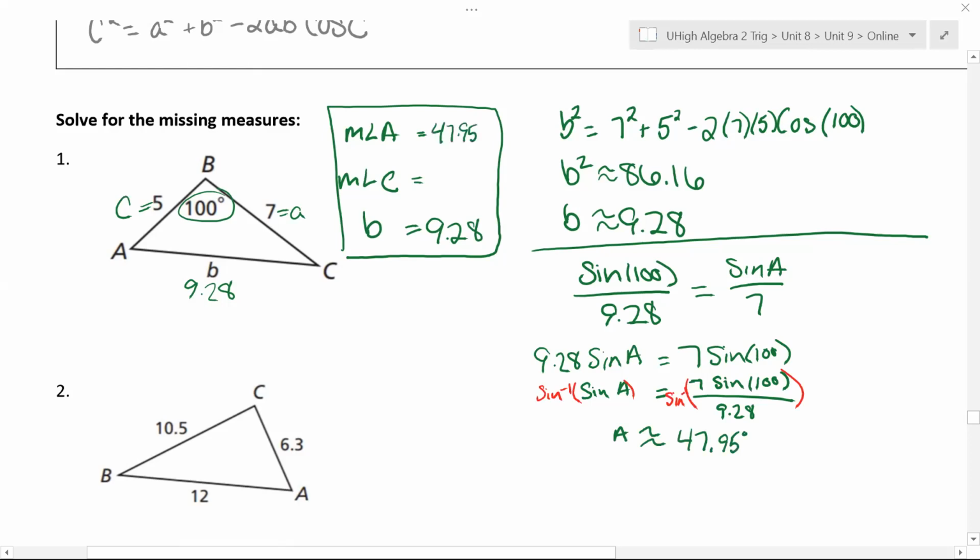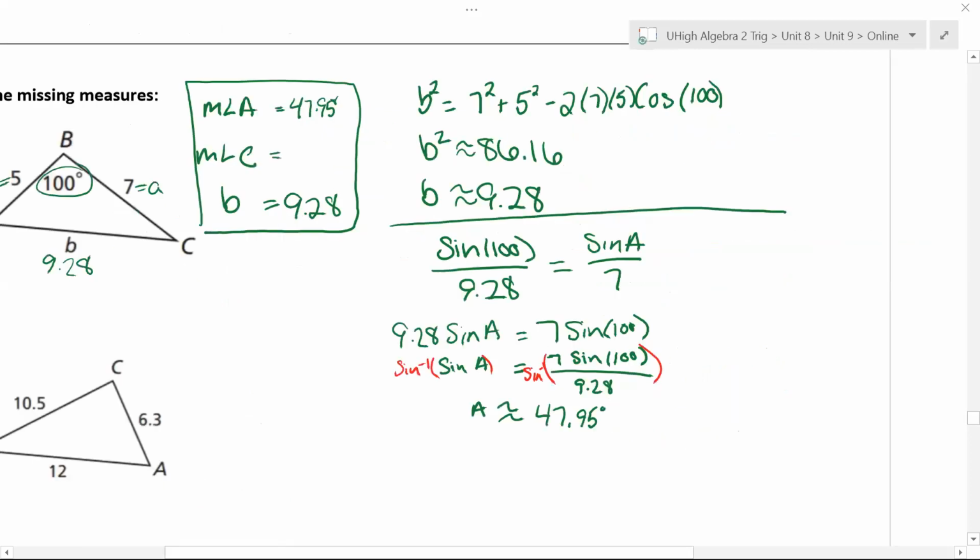So then for the measure of angle C, I can just do 180 minus 100 minus 47.95.